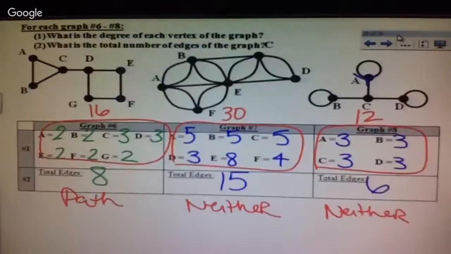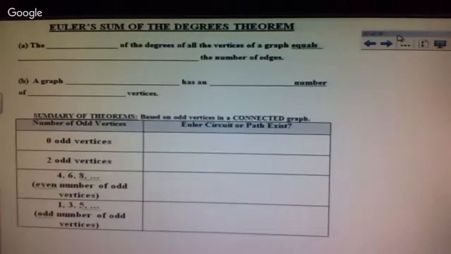Okay. So, in words, what did we just talk about? The sum of the degrees of all the vertices of a graph should equal twice the number of edges.